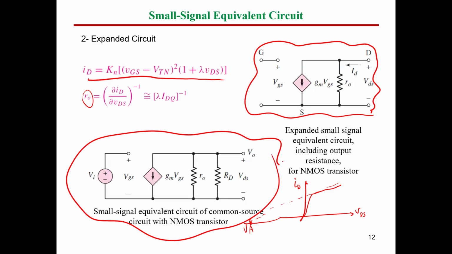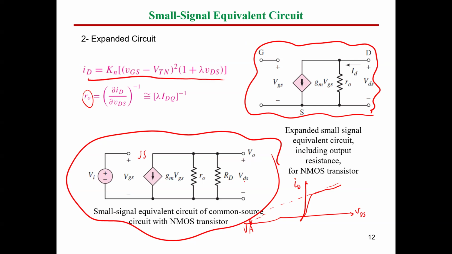So the complete small signal equivalent circuit of a common source N-channel MOSFET is: V input as AC, you have here isolation, you have the current source GM times VGS, you have the output resistance, which is lambda IDQ inverse, and you have here the RD resistor, and the output here is going to be our V output or VDS. So this is now the equivalent circuit of our common source amplifier.